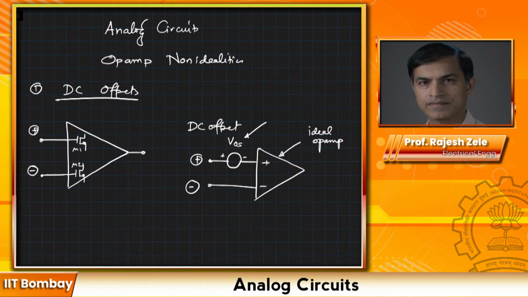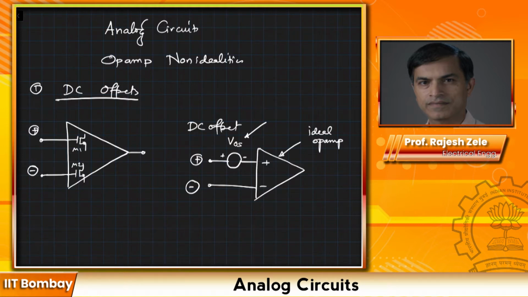Now the sign of the offset voltage is not really important, because it could change. Let's say we manufactured 100 op-amps using any foundry process. In each chip, the mismatch between the input devices M1 and M2 is going to be different.